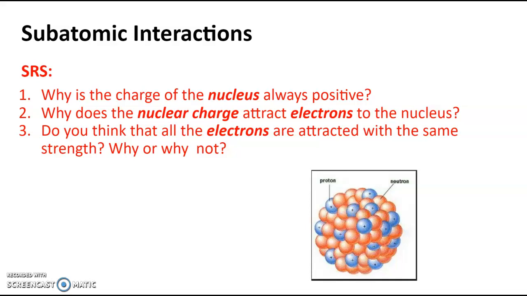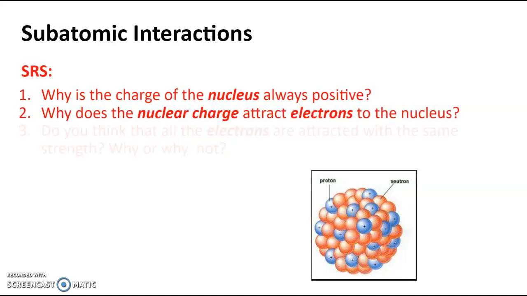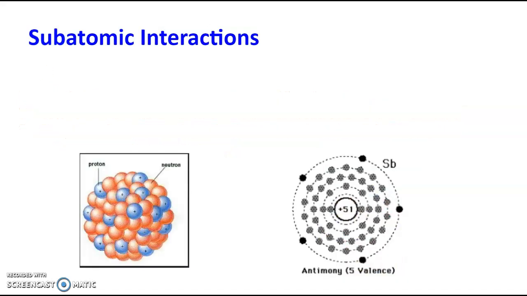The outside electrons, like the valence electrons, are not attracted as strongly because they're farther away and there's all the other layers in the way. And so it's harder for the nucleus to attract the far away electrons, especially because there's a bunch of junk in between the nucleus and the outside electrons. And by junk, I mean other electrons.